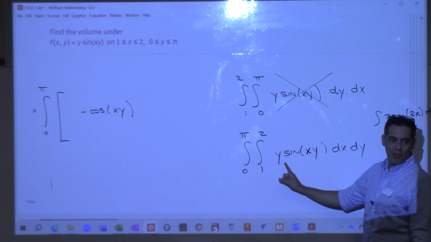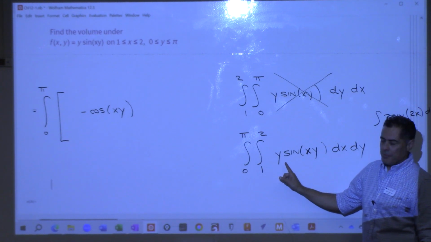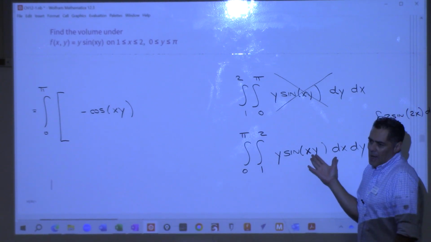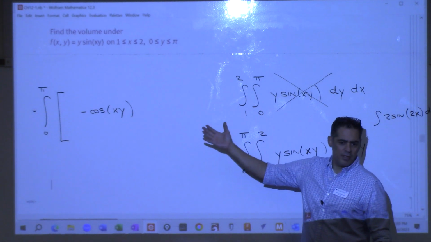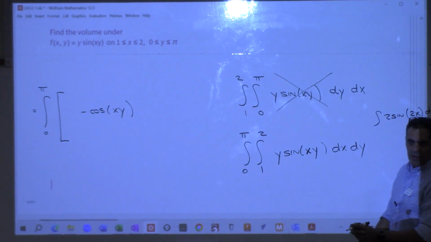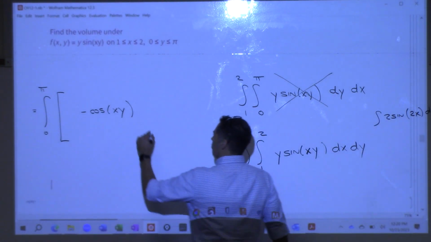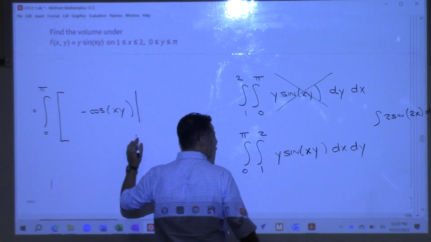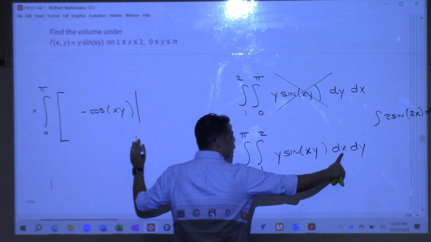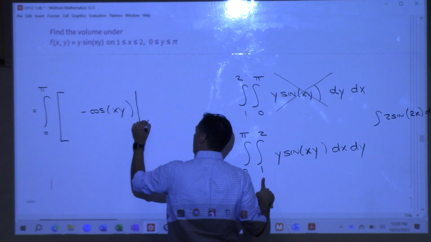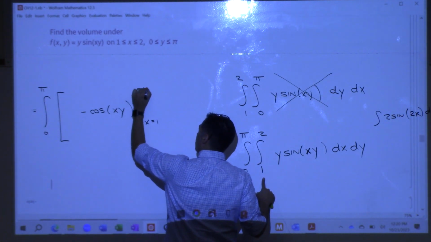And then that kills off the y that I was just hiding. So I have to trust that you can get from here to here, given enough time to think and reflect on it. Okay, that's our antiderivative, and then we're going to evaluate it from x equals 1 to x equals 2.